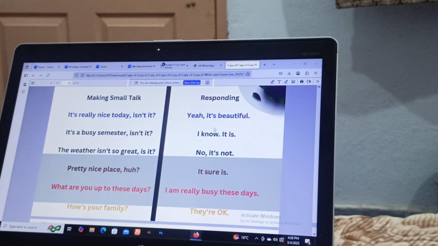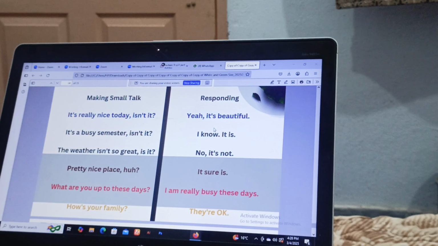Then I got the point in my mind that if you teach us something, we incorporate it in our daily life, and that would obviously improve English skills as well.